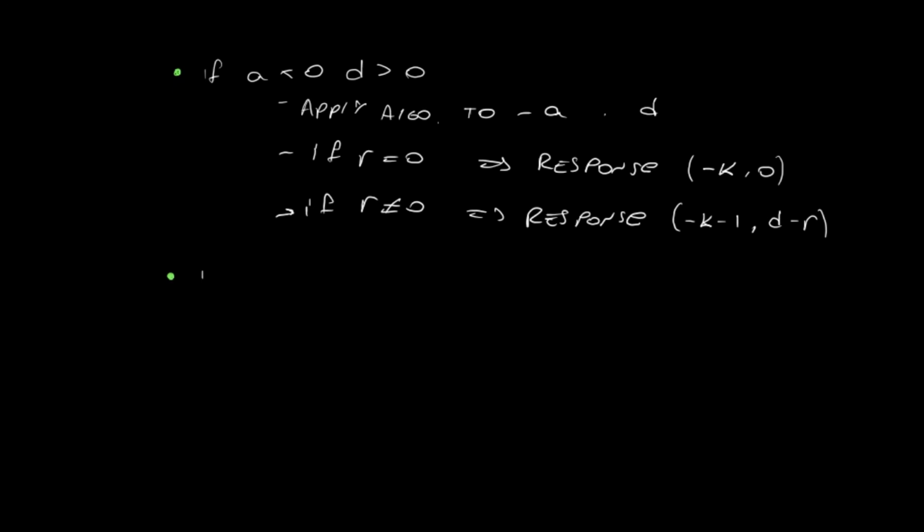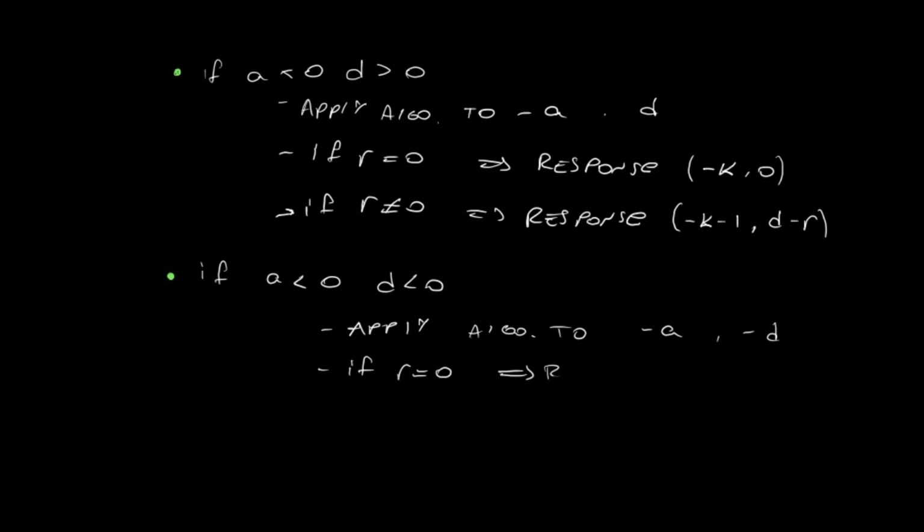And lastly, if A and D are both smaller than 0, then apply the algorithm to minus A and minus D. If R is 0, then your response will be minus K, 0.